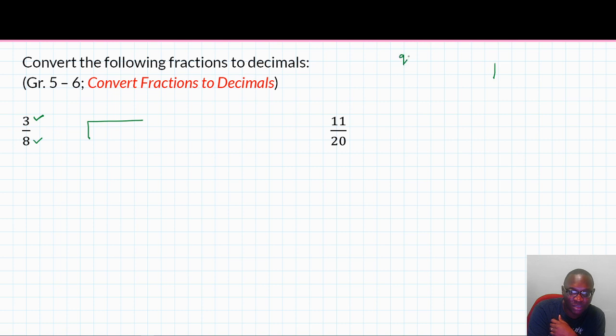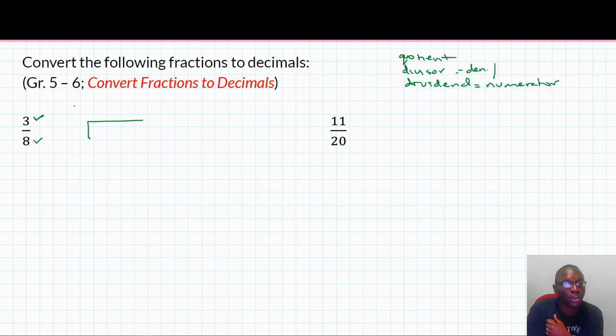You have your quotient, you have your divisor, and you have your dividend. Okay, so your divisor is always your denominator. This is your denominator. Your dividend is always your numerator.